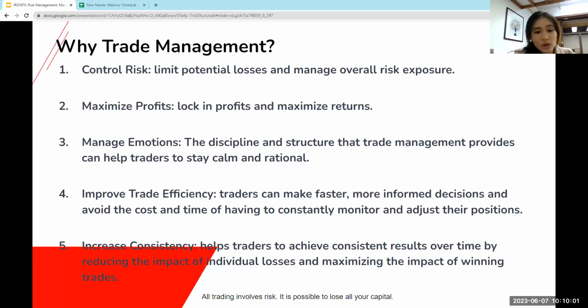By having a well-defined trade management plan, traders can make faster, more informed decisions and avoid the cost and time of having to constantly monitor and adjust their positions. Lastly, to increase consistency. Effective trade management helps traders to achieve consistent results over time by reducing the impact of losing trades.